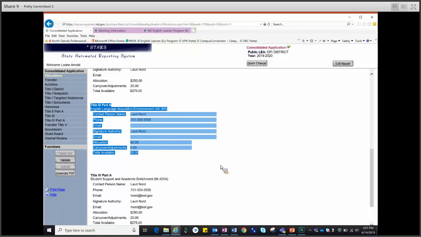I don't think you can submit without them aligning, but you may get a warning saying that maybe you didn't spend all your funds or you overspent your funds. That could be because the final allocations were a little bit different than the estimated allocations that initially went into the application.